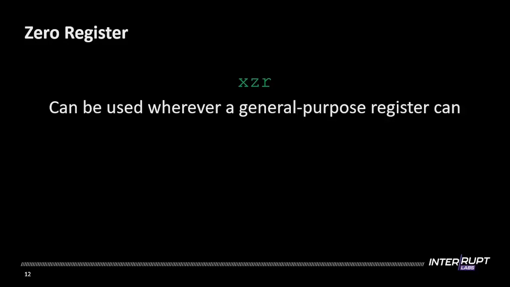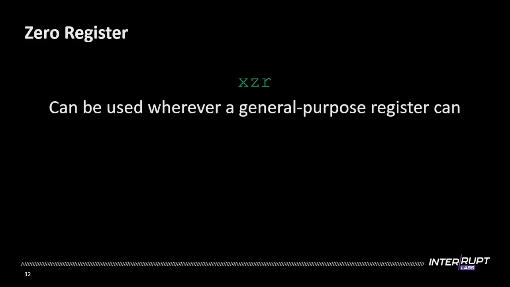Second operand type is the 0 register, or XZR. As the name suggests, this is a register that is always 0. It's very helpful because you can use it almost anywhere in place of a general purpose register. Even in instructions that don't allow an immediate operand, you can always get 0 basically.